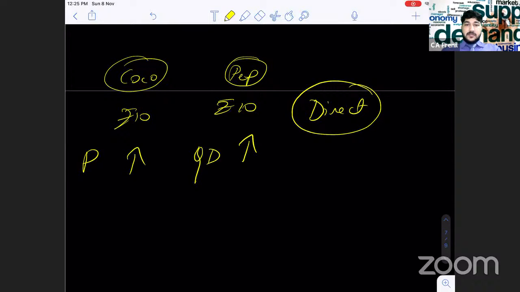Correct. Next, there is derived demand and autonomous demand. For example, the demand for a commodity that arises because of the demand for another commodity, the parent product, is called derived demand. For example, the demand for cement is derived from the demand for what? Building activity. Yes or no? Derived demand.